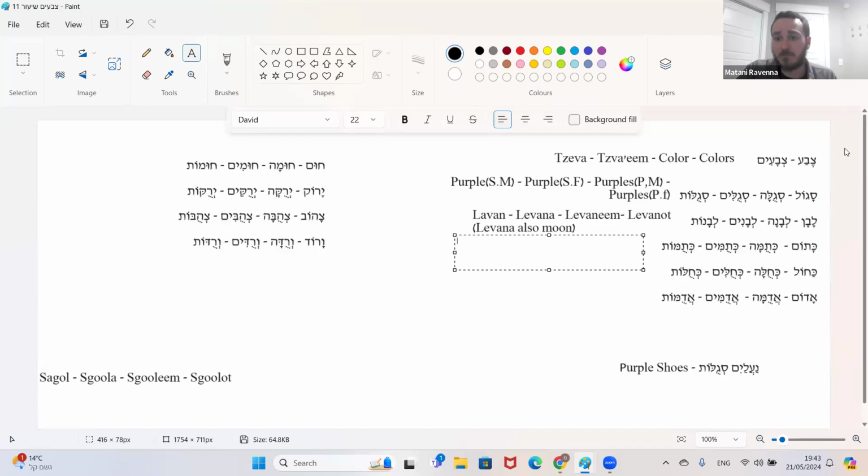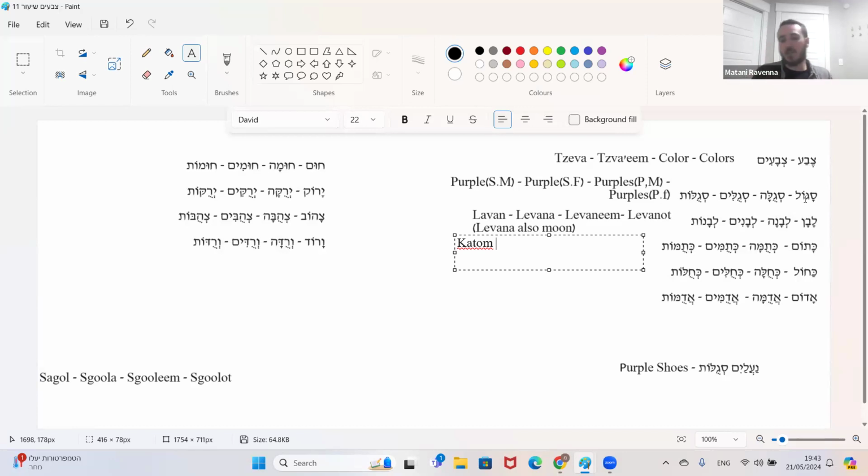And the final mem with no vowel, making it katom. And just to refresh, that means orange.